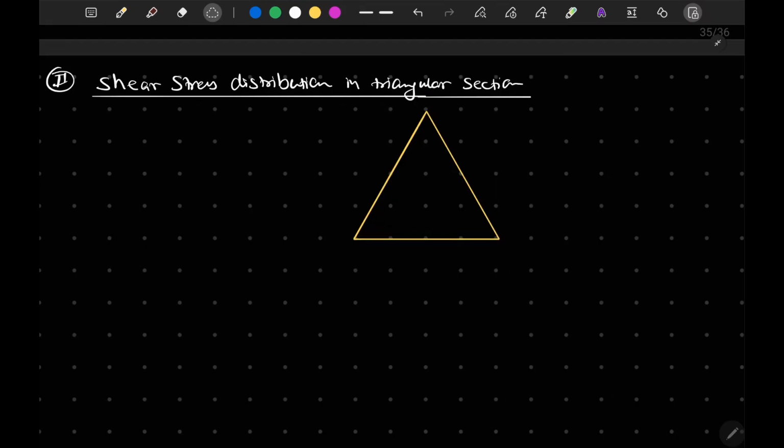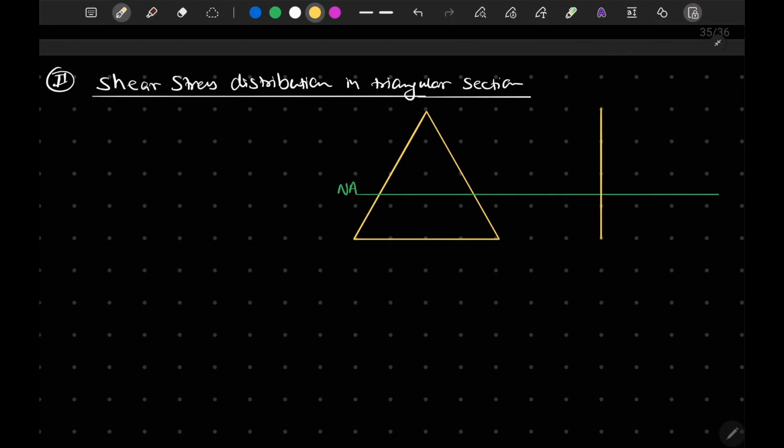Now I will also draw the neutral axis here. So let's say this is your neutral axis, and the neutral axis will be at some distance from here, and here I will be showing my stress distribution.